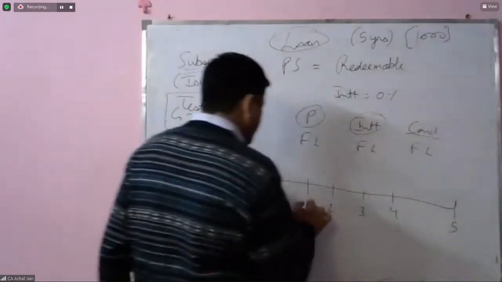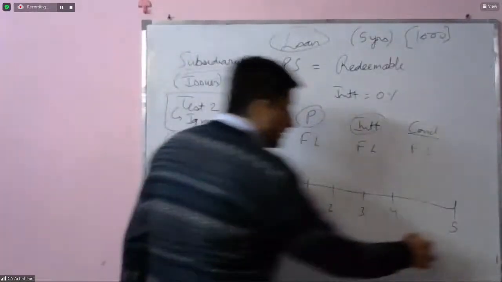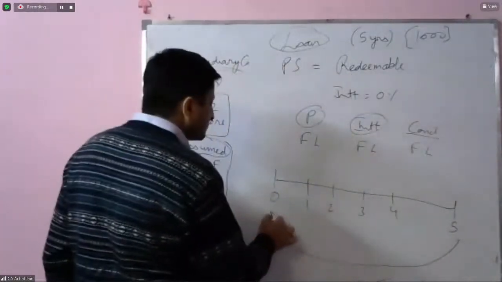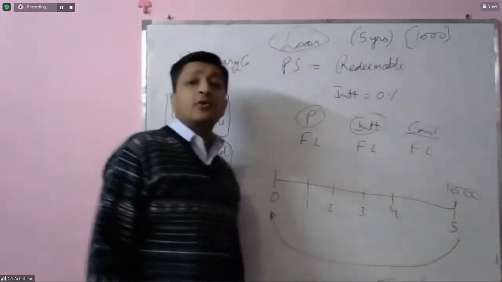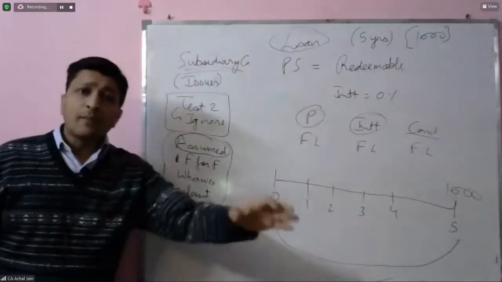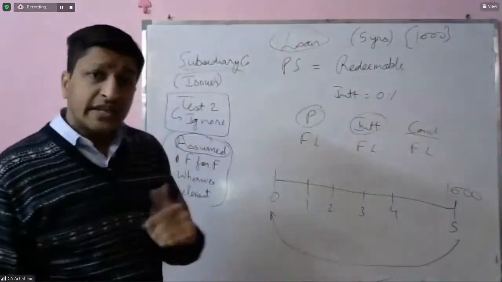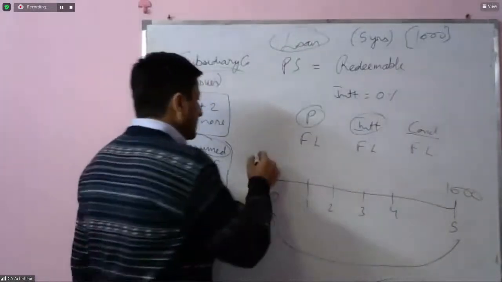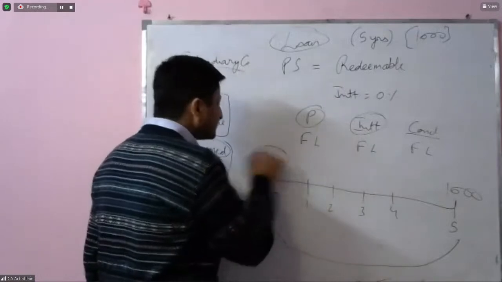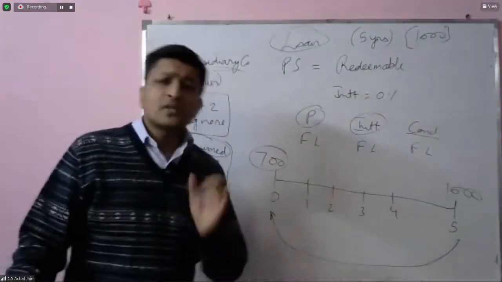This loan, which is a financial liability, will have to be discounted. So we will have to compute the present value of this loan. You remember the financial liability measurement we discussed. Therein, what did we discuss? That we compute the present value of the financial liability. Let's suppose it comes out to 700. Now in this case, how do we record the 700?